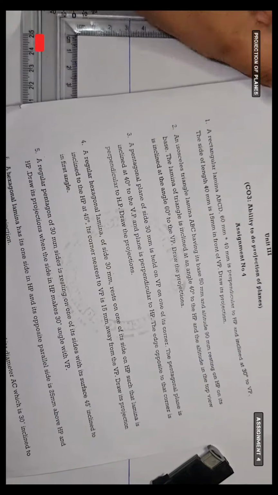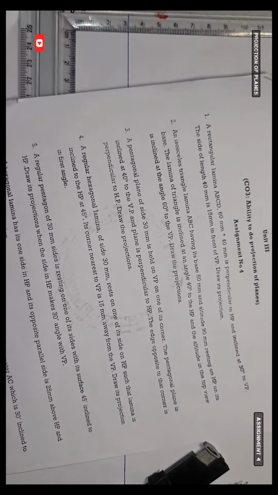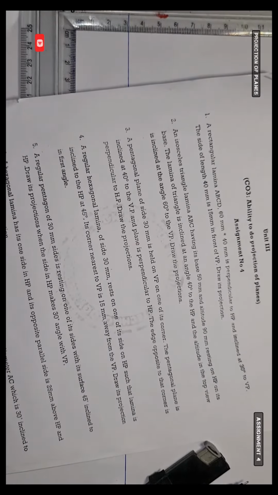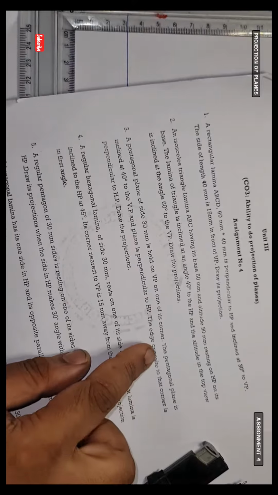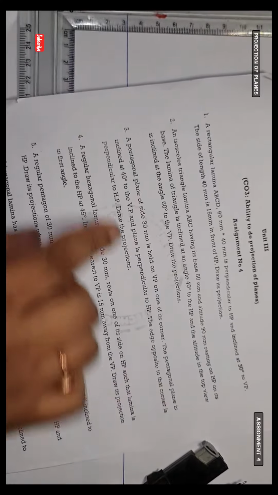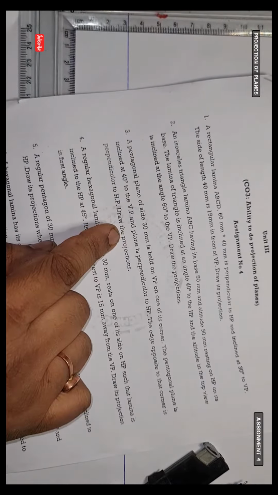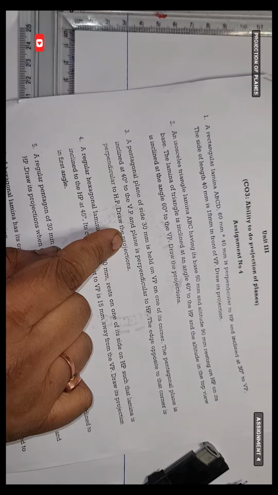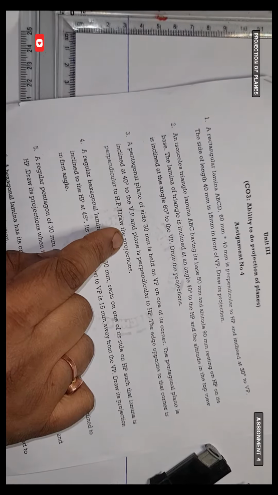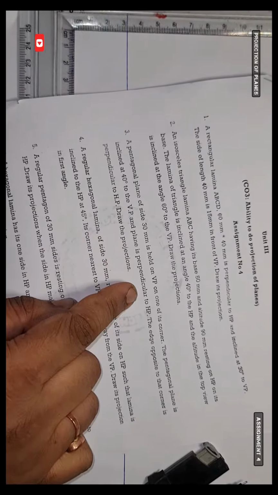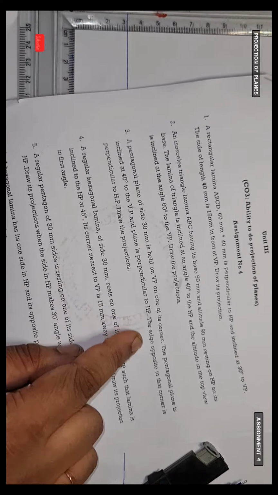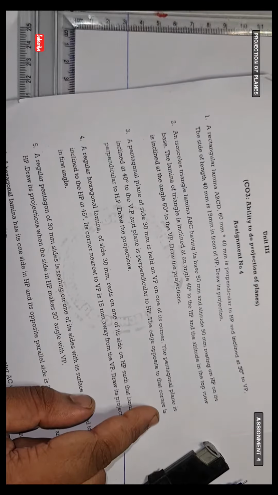So it is saying that the pentagonal plane is held on one of its corners.